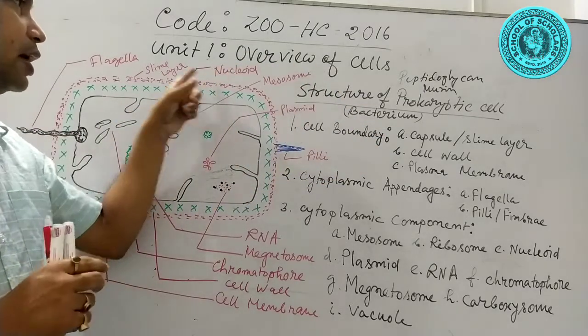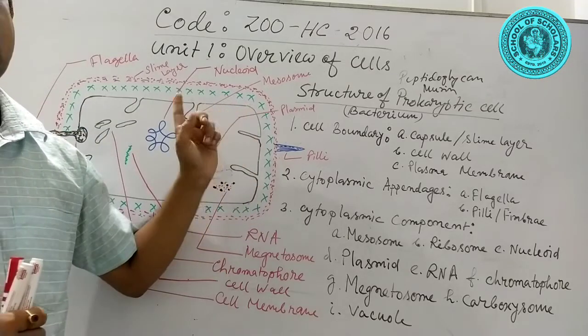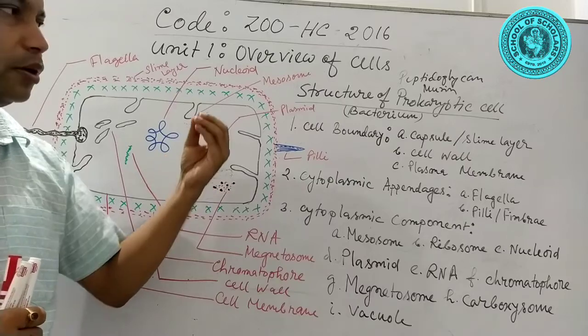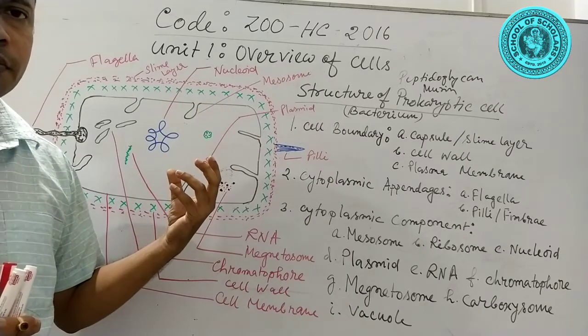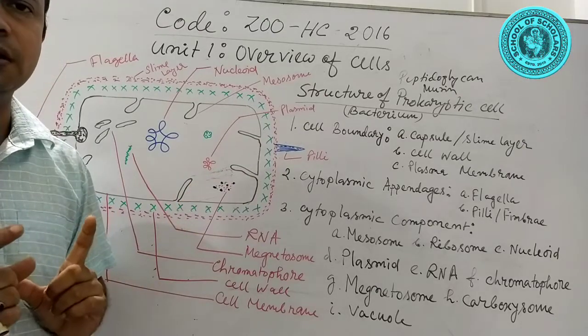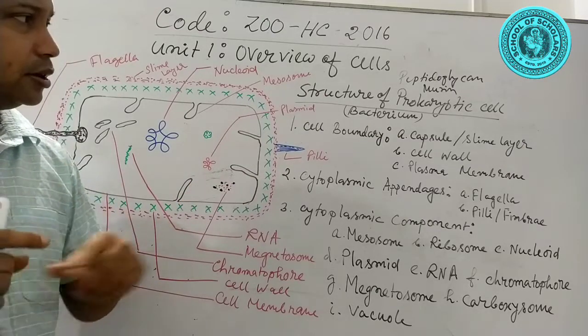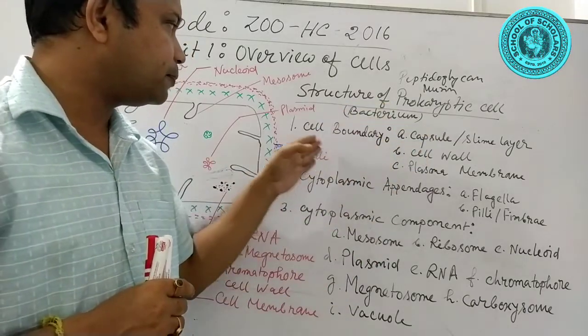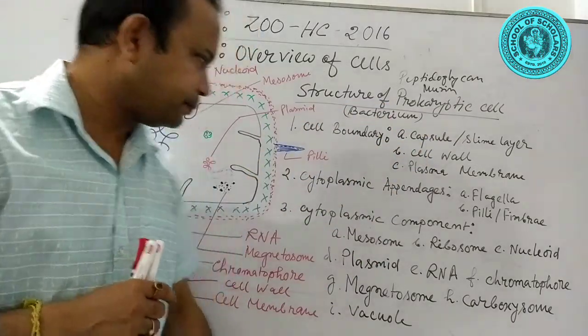The slime layer is a viscous layer around the cell wall. But when water molecules are removed from the slime layer, this layer becomes rigid, and in that rigid condition, it is called the capsule. All these three are included in the cell boundary.